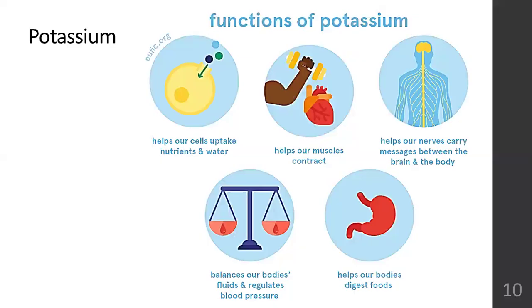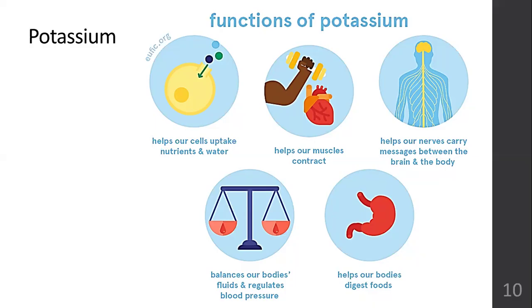Next, coming to potassium. So, potassium helps your cells to take up nutrients and water. Okay. Sodium will keep your body hydrated. Potassium will make sure your cells take up the nutrients and water, so that at cellular level you are hydrated.